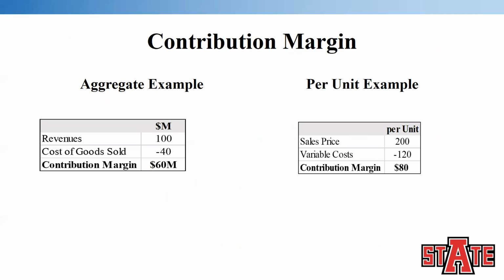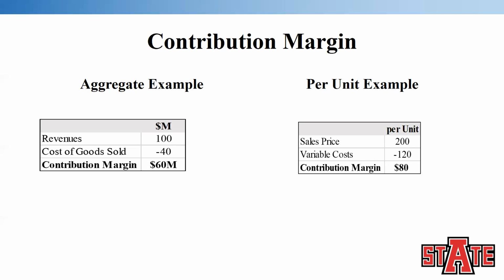So the 2 contribution margin examples that show up in the book, we're going to get to those in a minute with a graph. The first one in the book is an aggregate example. When I say aggregate here, I'm referring to an entire income statement for an entire firm or for an entire area or product line of the company.